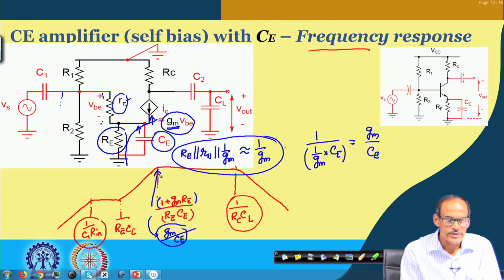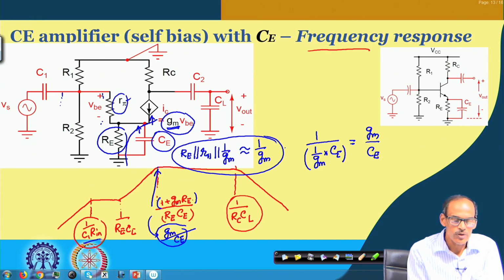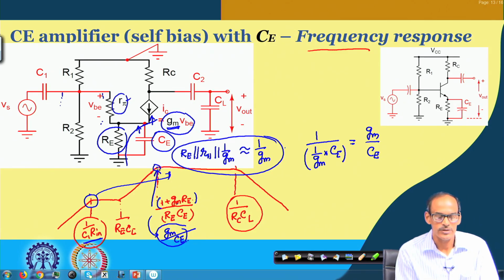Now, depending on the value of C1 and Rin, it is possible that this corner frequency may exceed the other corner frequency, but most of the time we take the value of Ce sufficiently high so that this corner frequency does not exceed this one.